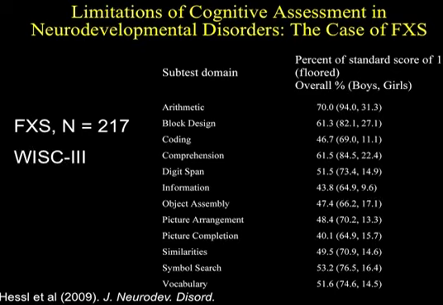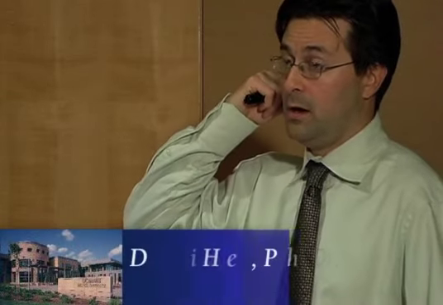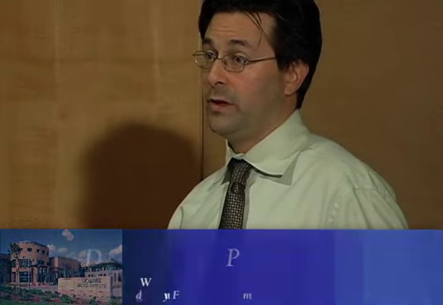And you should recognize that these are tests that are regularly given throughout the United States and elsewhere to individuals with intellectual disabilities, just like these guys with Fragile X. So it's extremely likely, if not definite, that this problem exists in lower functioning people with autism, Down syndrome. I mean, you could name many different conditions where this would be an issue.